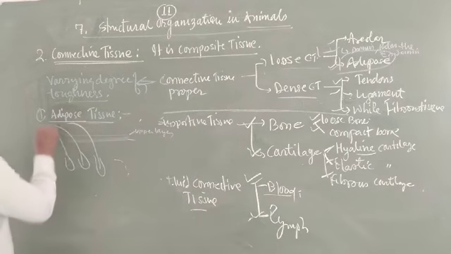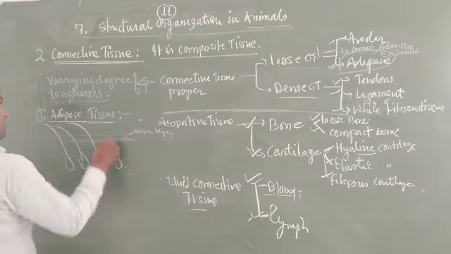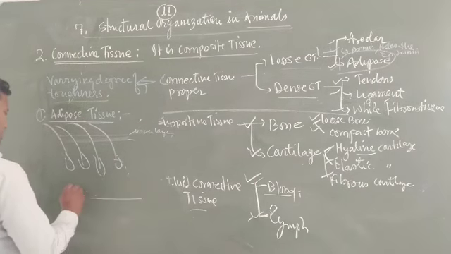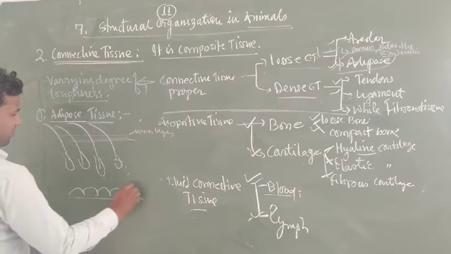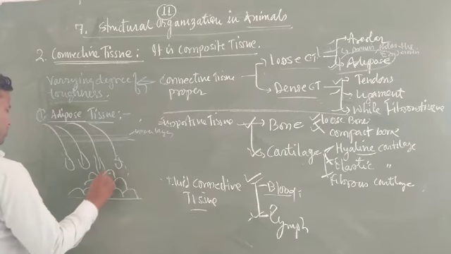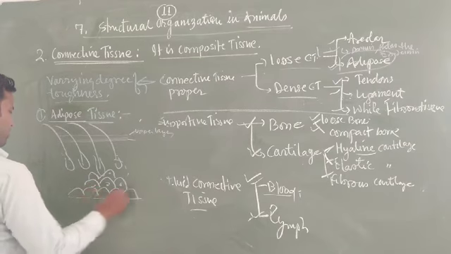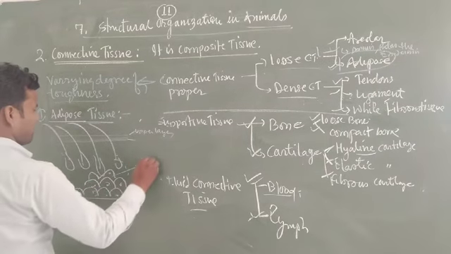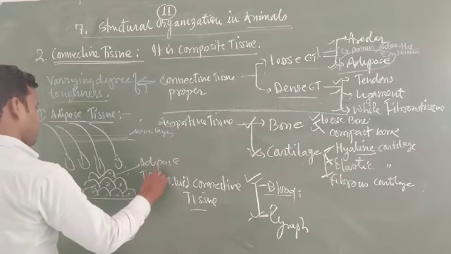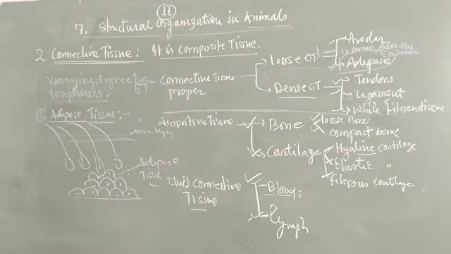Below the dermis there is a sheet, and on the sheet some arrangement of adipose tissue is also seen. This is the location of adipose tissue. This is a fat accumulating tissue. Adipose tissue is the fat accumulating tissue that comes under the category of loose connective tissues.